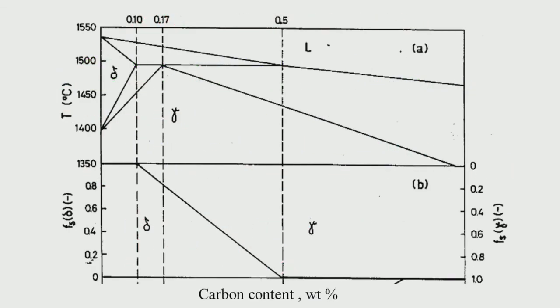Please try to look at this figure. This relative proportion is at the end of solidification. Then as you go to lower and lower temperature, the relative proportion will change. It will no longer remain what it was at this peritectic temperature.